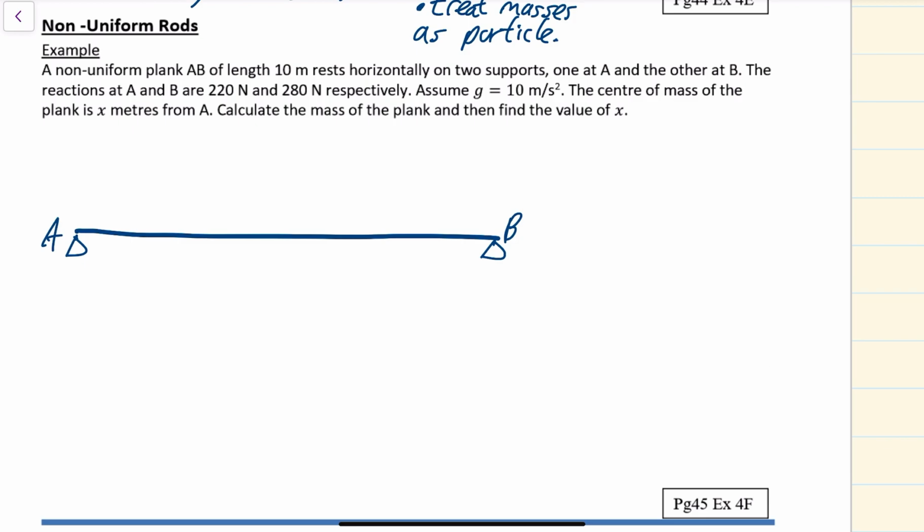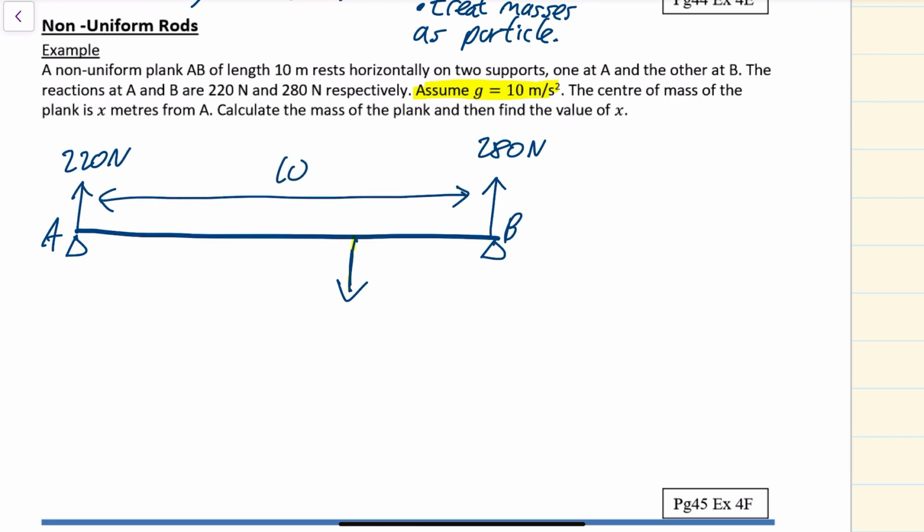The reactions at A, it tells you them, happy days, 220 newtons, and at B, it's 280 newtons. Assuming g is equal to 10, let me just highlight that because that's unusual. Assuming g is equal to 10 meters per second squared, and then the center of mass of the plank is X meters from A. So I'm going to guess my center of mass is more over to the right, and that's just because my reaction at B is greater.